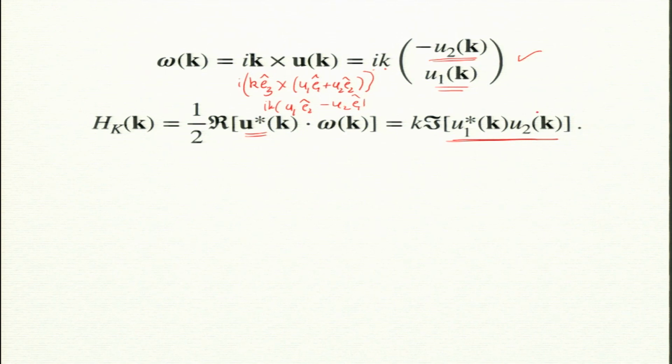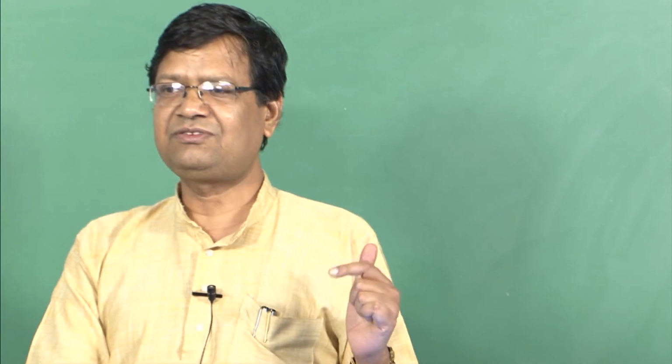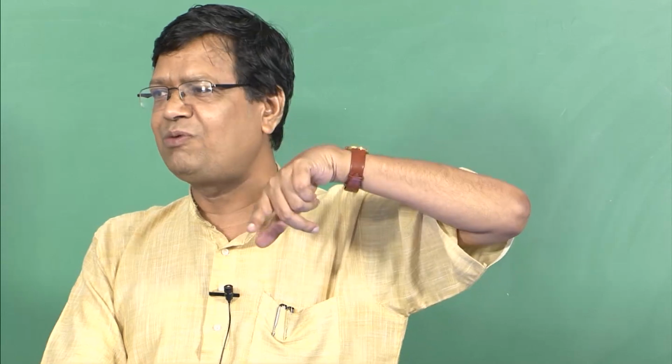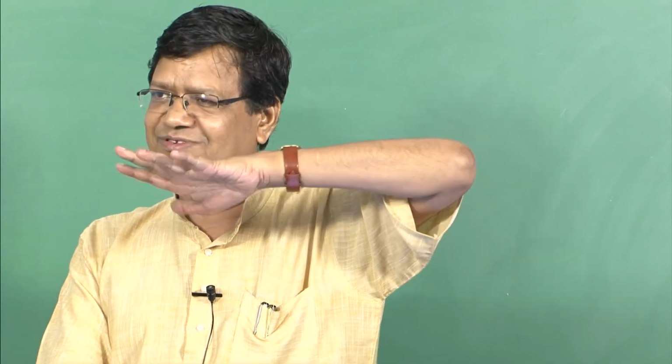You need a combination which gives you non-zero. It is very similar to what we saw that time, u real multiplied by u imaginary. That is basically telling you that one is sine, the other is cosine. This is why circular polarization: both of them cannot be cosine, or both sine, or a combination.